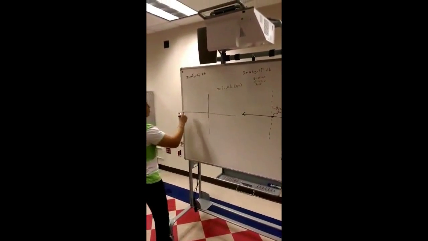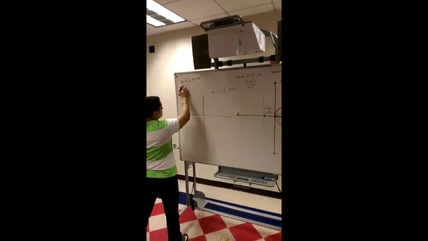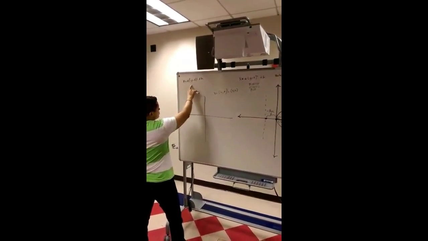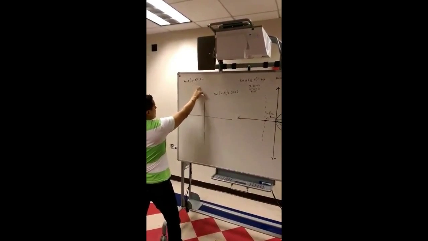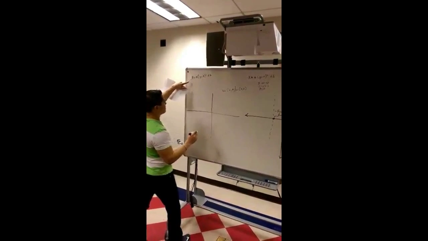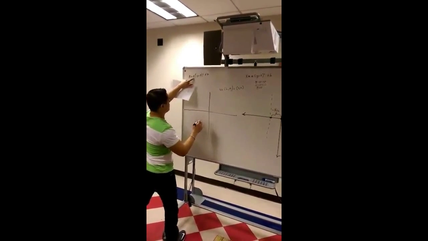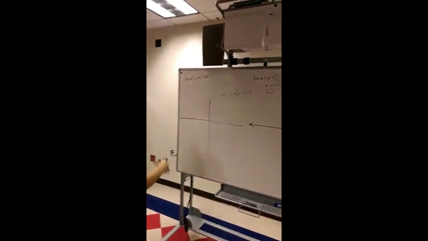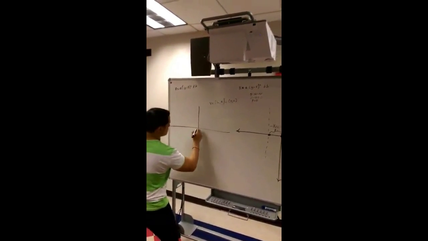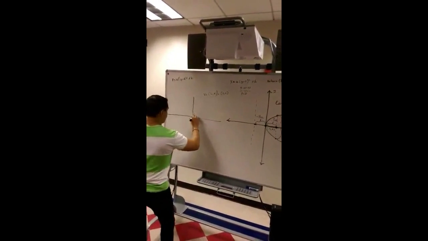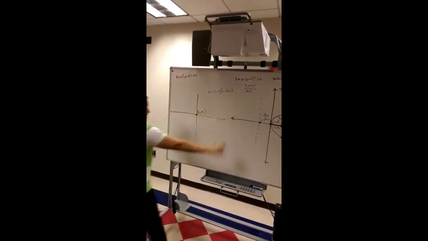The one that we're going to be squaring is the y-coordinate. Since it's negative a, it's going to open to the left side. The vertex is going to be at 0, 0. This is h, k. It's going to be exactly the same as the other one.